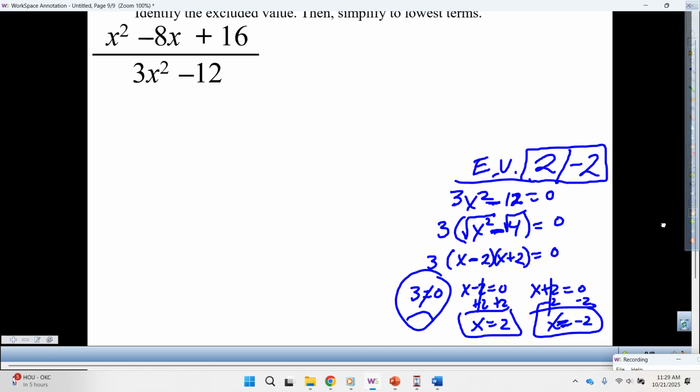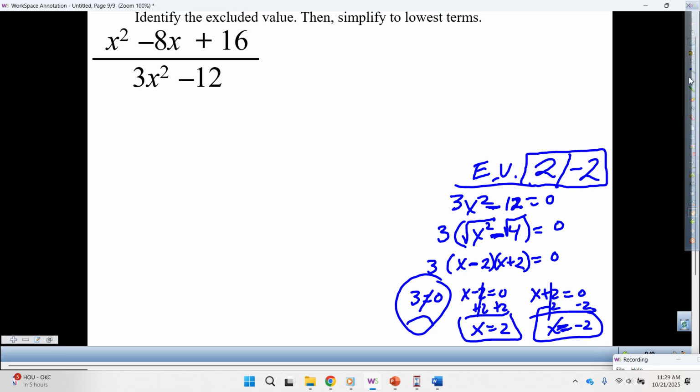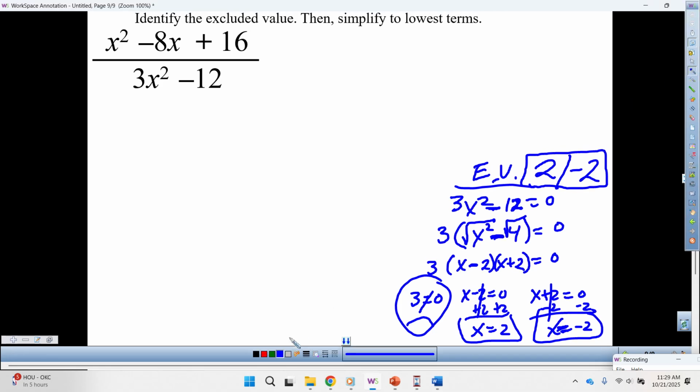All right, let's go to simplifying. Here we go. Numerator. We got 16 on top, negative 8 on the bottom.